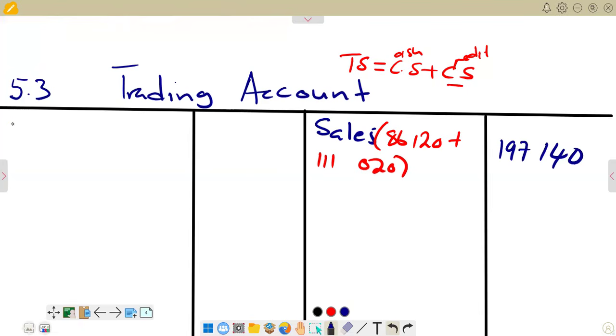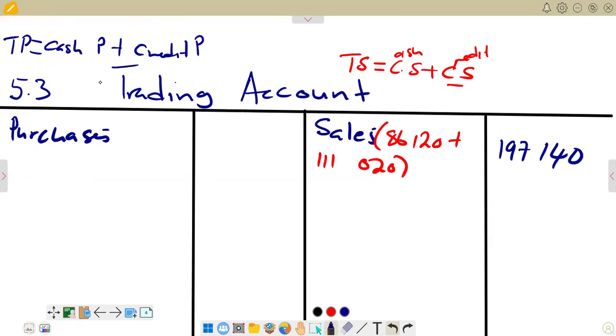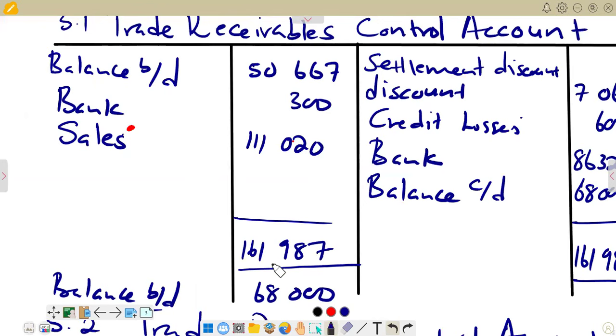Then also we have the figure for purchases, which is supposed to come on the debit side. Again, total purchases is equal to our cash purchases plus our credit purchases. Our credit purchases is the figure that we got in the trade payables control.